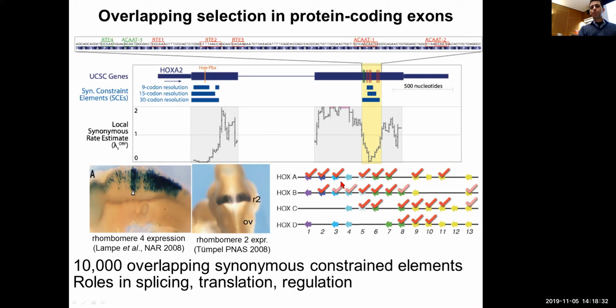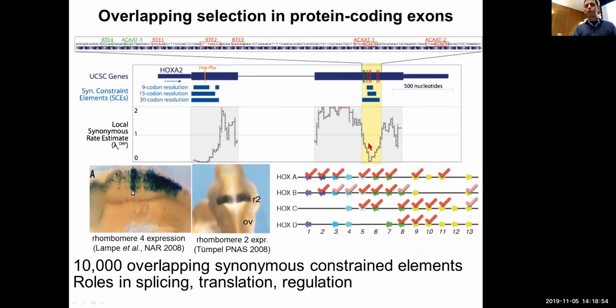These genes appear to have a huge number of these synonymous constrained elements, where the synonymous rate in the middle of the protein drops to 0. What's happening there? Well, you see, there's in fact matches for a large number of regulatory motifs, which are known to be controlling the patterning of these genes.